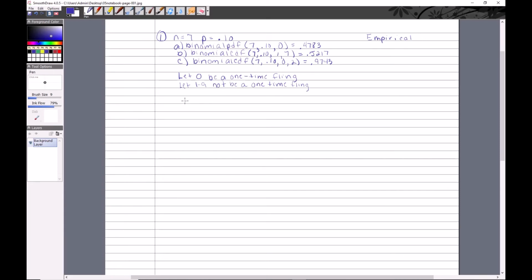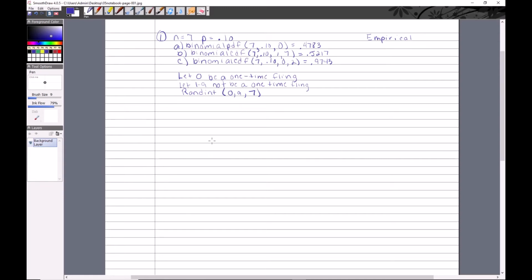And the command that we need is random integer. All right, we want the numbers 0 to 9, and we want 7 of them, because this is a group of 7. And so that's how we're going to do the simulation. And it's pretty easy to do.